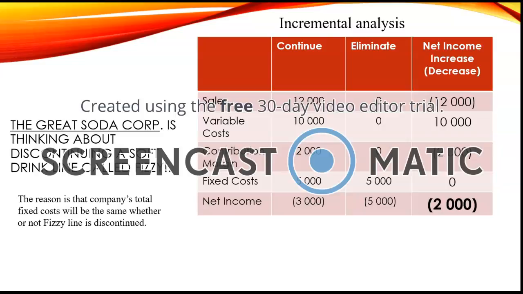Again, continuing to make Fizzy means the Great Soda Corporation loses $3,000. However, eliminating Fizzy causes the company to lose $5,000. Total net income will decrease by $2,000. The loss is attributable to the Fizzy line's $2,000 contribution margin that will be lost if the segment is discontinued.